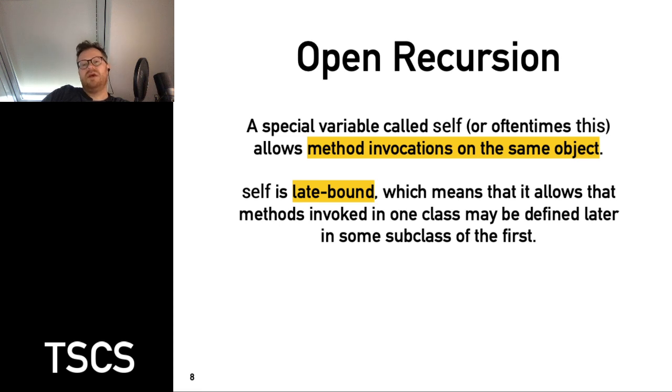This allows methods to be invoked in one class and then maybe defined later in some subclass of the first. Whenever you implemented something like a factory method, something that invokes a method that has not actually been written in that abstract class, and is then implemented in the subclass, this is using the late boundness of self. And we call this open recursion because you recurse to the same object, basically.